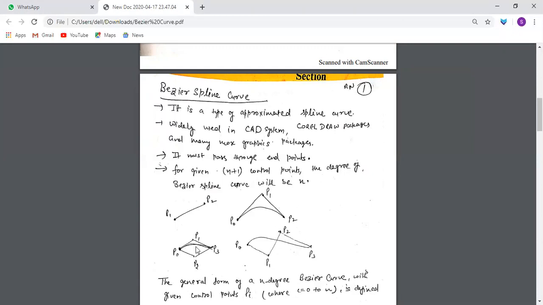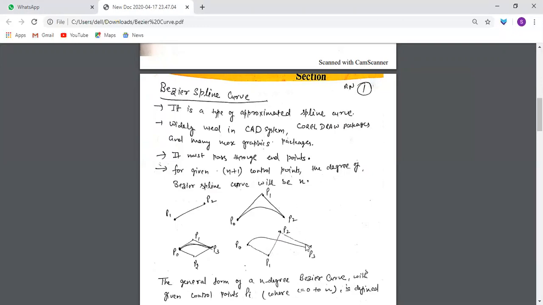And this curve can also be plotted like this, if we slightly change the position of these control points. So P0, P1, P2, P3, we can connect this curve. We can connect these endpoints P0 and P3 like this also. So these are forming the convex curve.